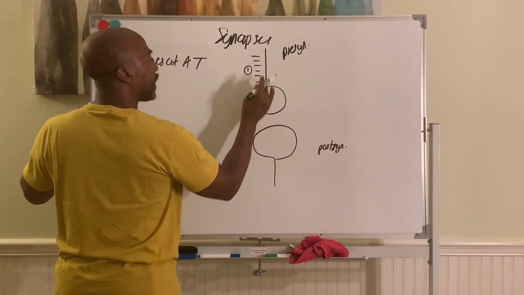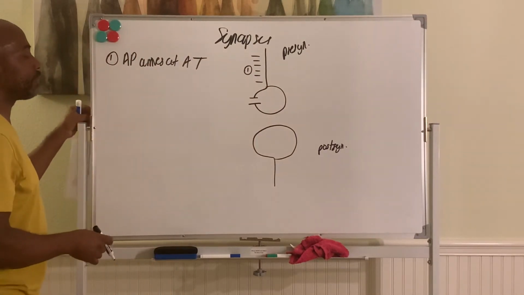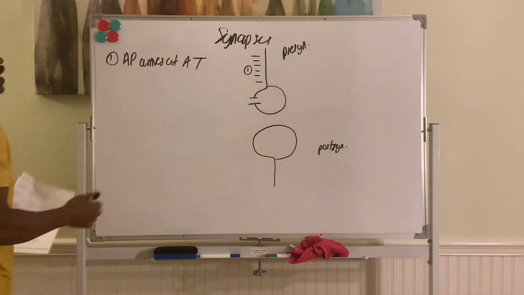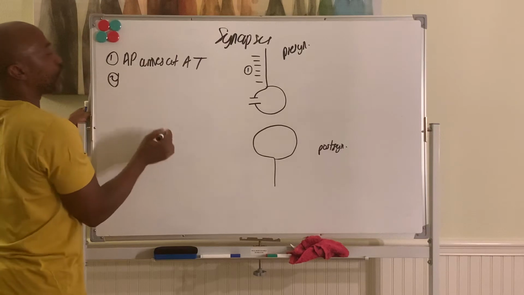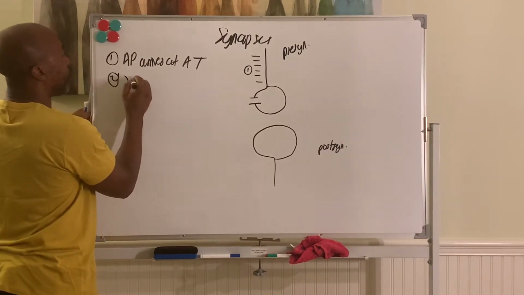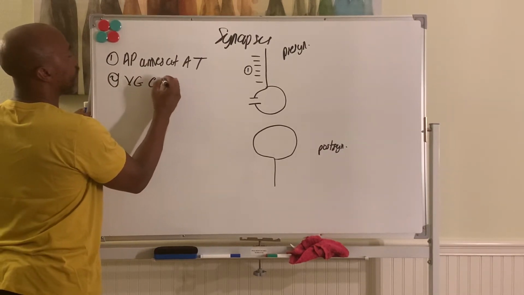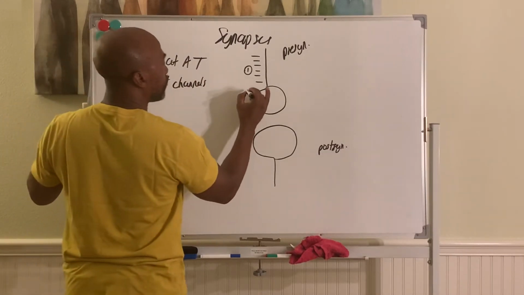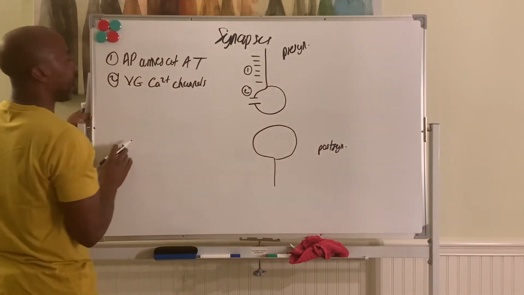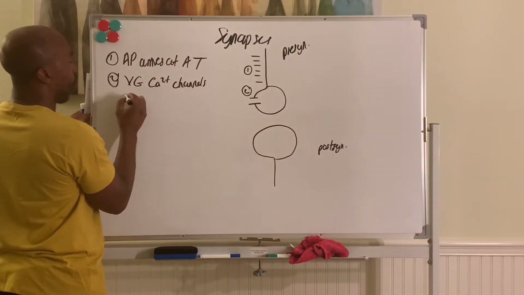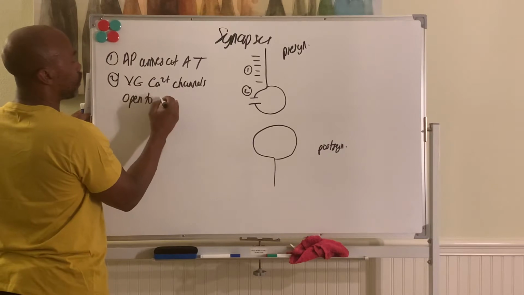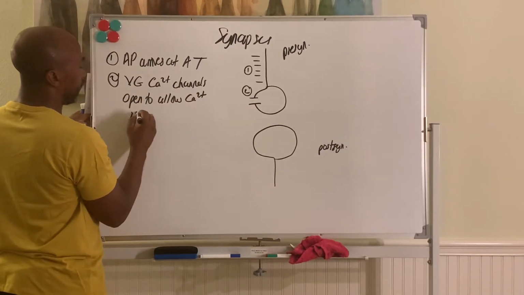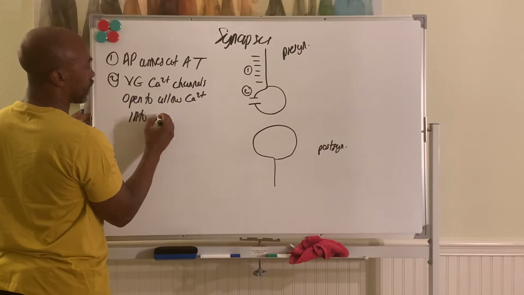Step two is this. When the action potential arrives at the axon terminal, it will trigger the opening of voltage-gated calcium channels. So step two, voltage-gated calcium channels here open to allow calcium into the synaptic knob.